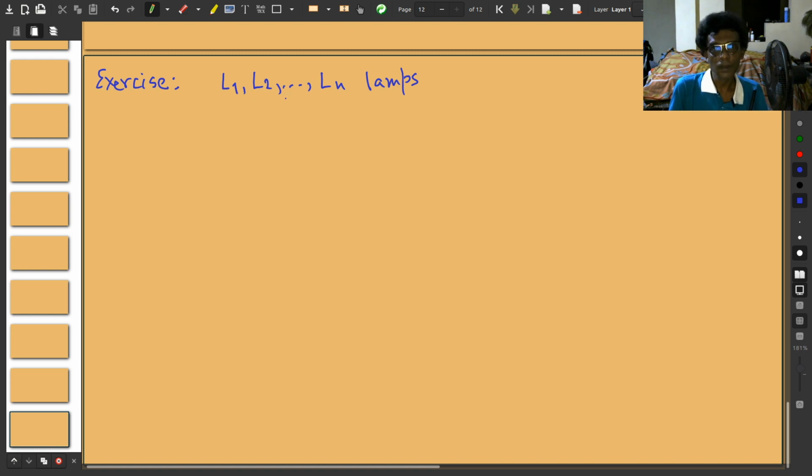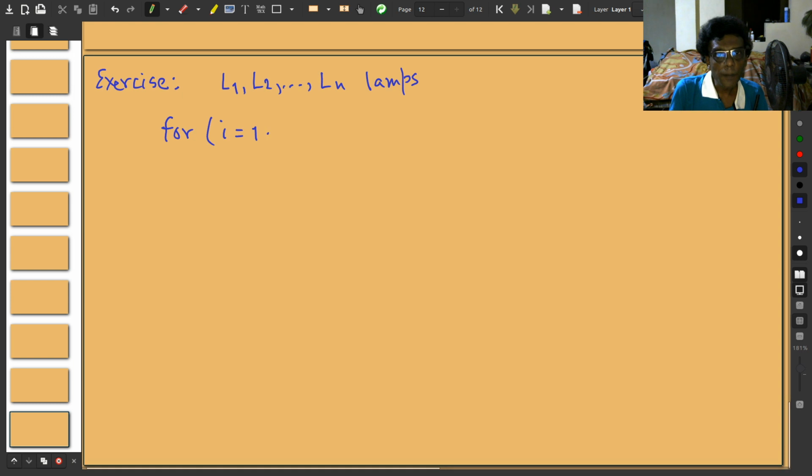So the question is, which of the lamps will be on after this entire process is over? So I will just give you a better way of representing this. So this is the init: for i equal to 1, i less than or equal to n, plus plus i. Let us say on means 1, off means 0. Okay, L[i] is 0. So 0 is off, 1 is on.